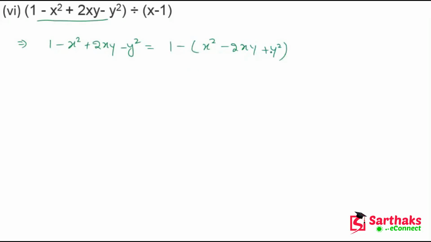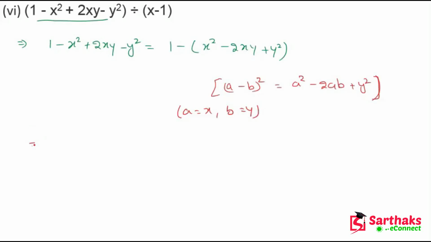With the help of a standard identity, we know that a minus b whole square is a square minus twice ab plus b square. In our case a is x and b is y.